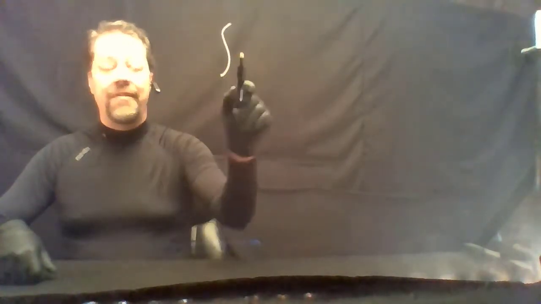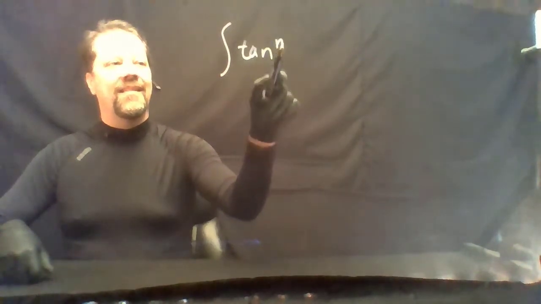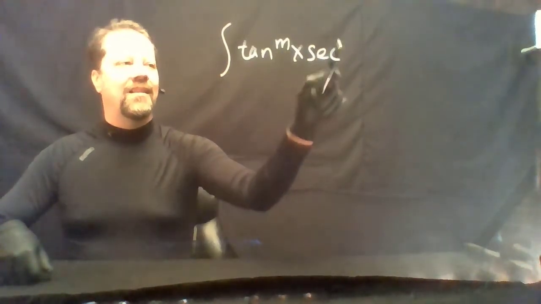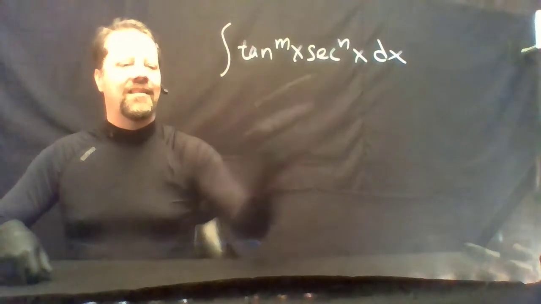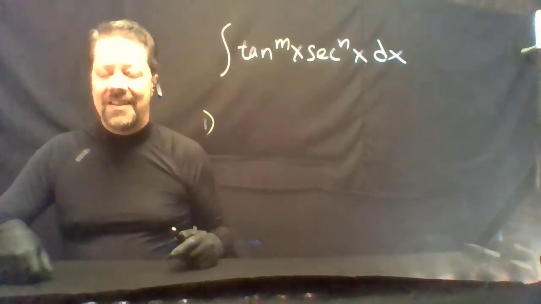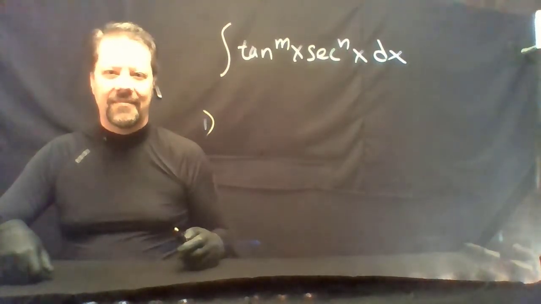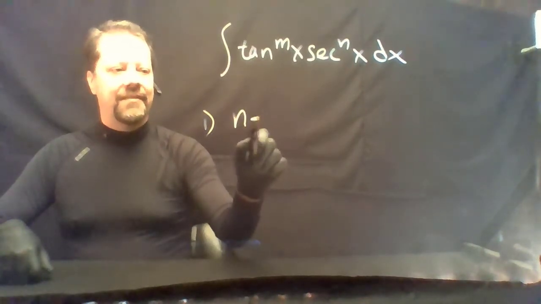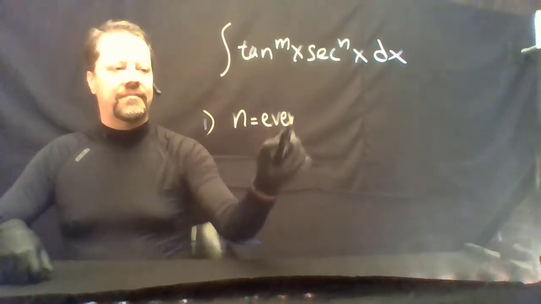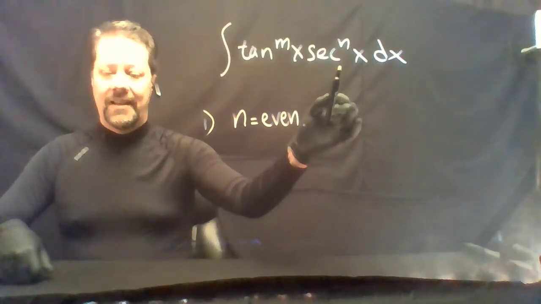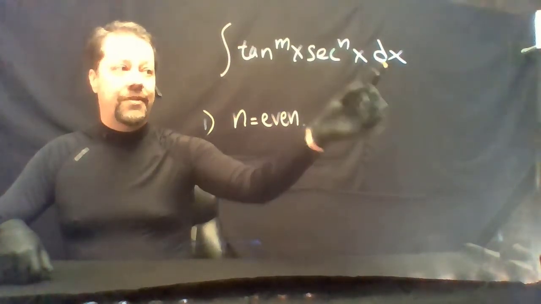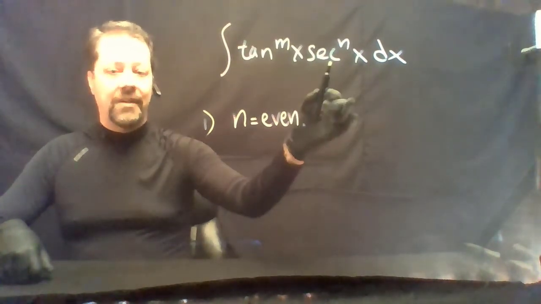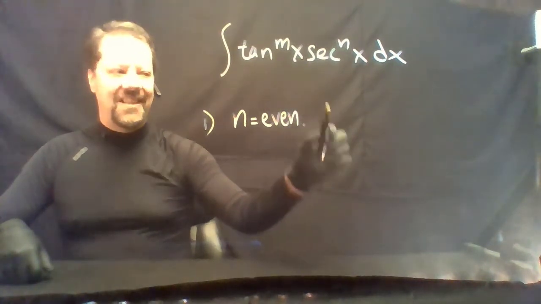So by way of review, we have three cases to deal with. If n is even, then what you do is you split off two of these, convert the others to tangent, and then do a u sub.